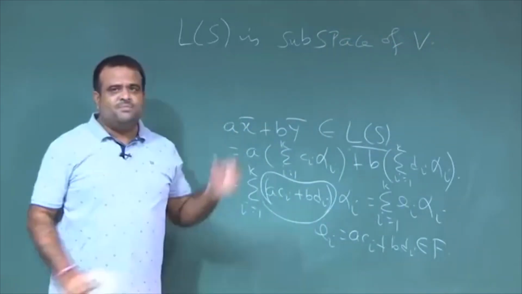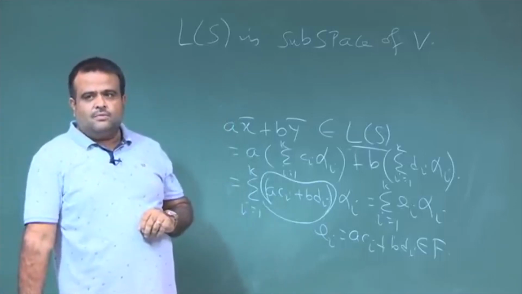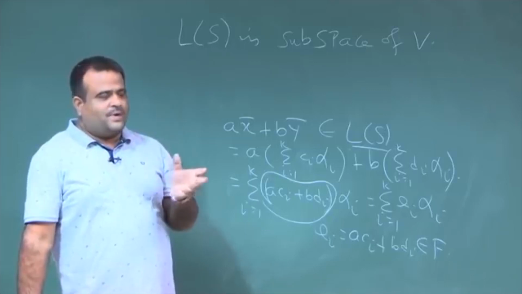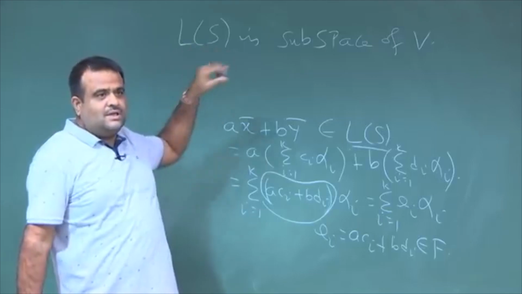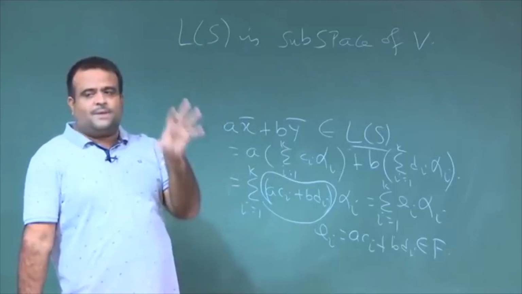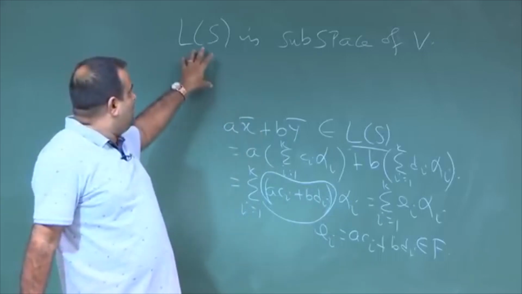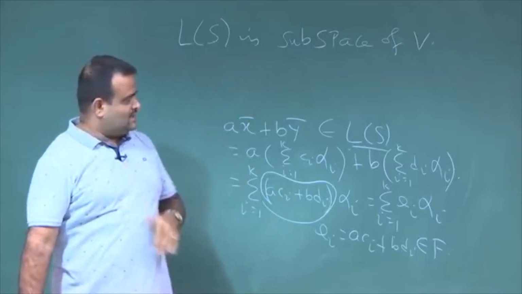Okay. This is the minimum subspace of V which contains S. Why minimum subspace? Because there is no other smaller subspace which can contain S. We can prove this by contradiction. If suppose there is a subspace containing S which is smaller than this, then we can reach a contradiction.